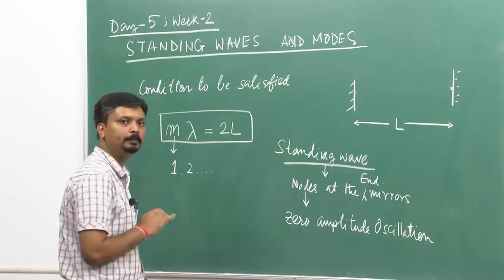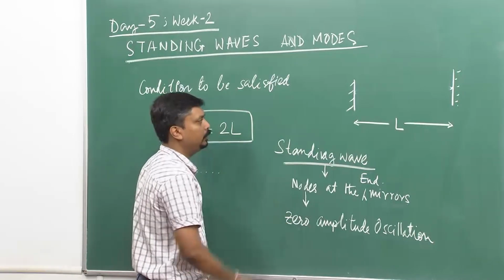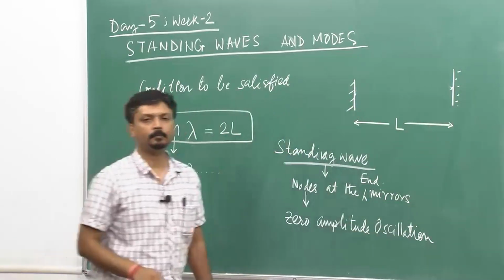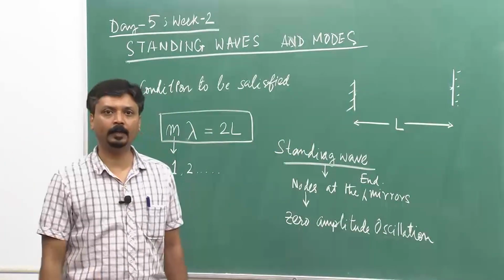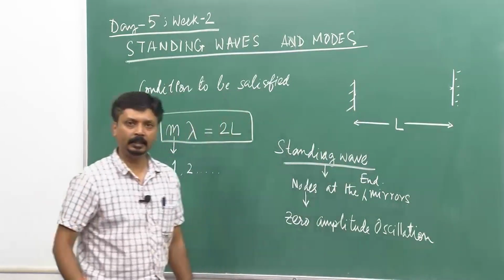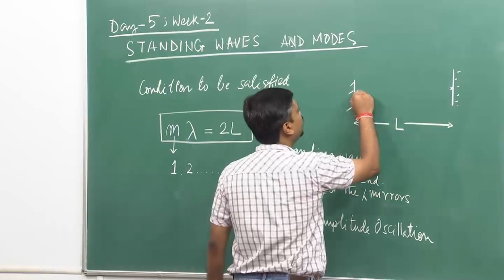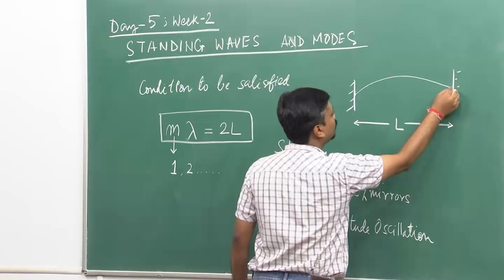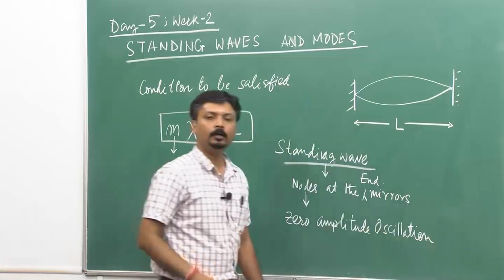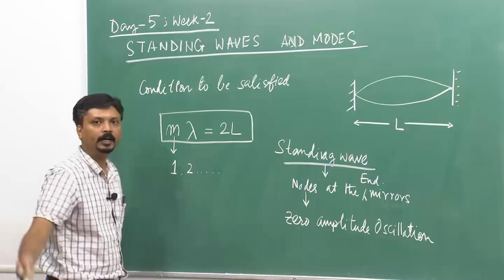So, you have to have nodes here and here. What is the maximum wavelength that you can have, so that it can be counted as a mode, meaning that it will create a standing wave? That is just this one, right? Half wavelength here, after reflection fills up another one. So, here essentially m equals 1, lambda equals 2L, very easy to figure out.